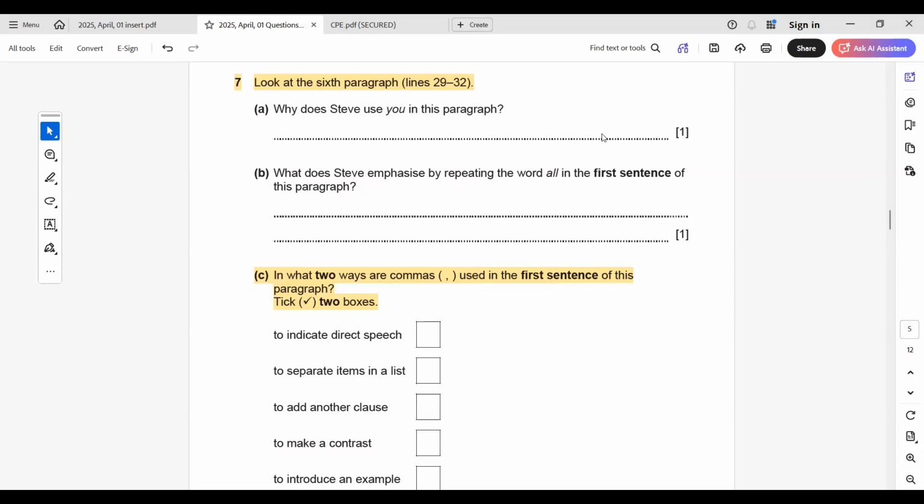In April 2025, one of the questions says, look at the sixth paragraph, lines 29 to 32. And here it says, in what two ways are commas used in the first sentence of this paragraph? So we need to find the paragraph first and then highlight which one is the first sentence.